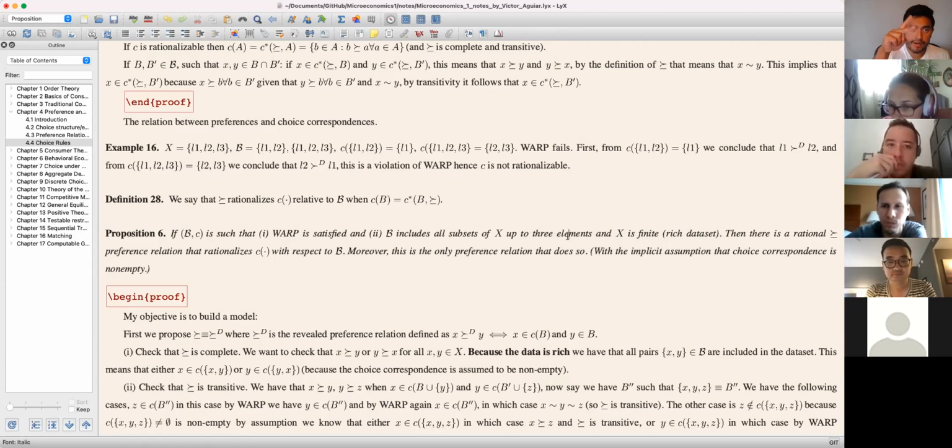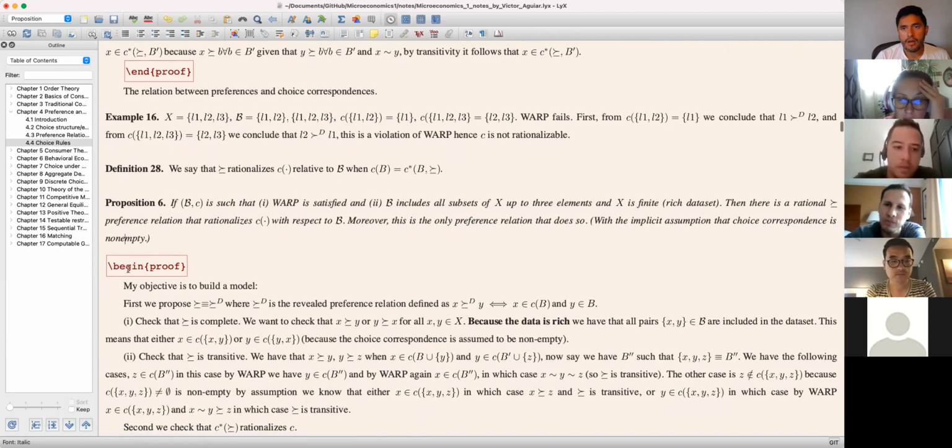So you have all possible binary experiments and all triples. Basically, you show this person in an experiment all AB, BC, CD, and all ABC, BCD, all the possible triples and tuples. If you have such a very rich experiment, and on top of that the consumer always chooses something, so the choice correspondence is non-empty, then this is true.